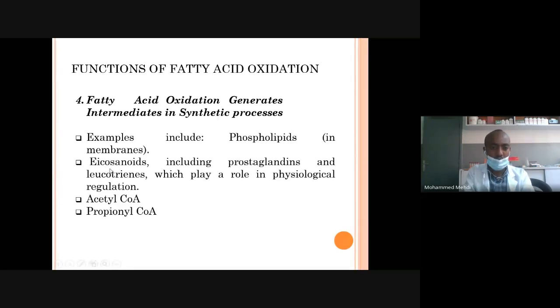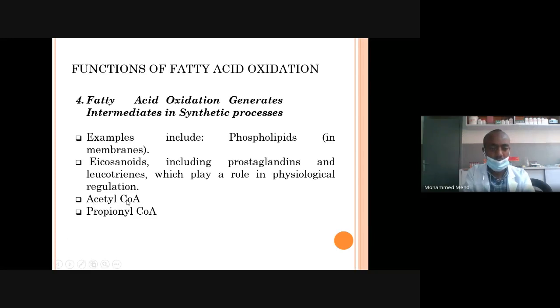Eicosanoid, or arachidonic acid. Arachidonic acid is a 20 carbon fatty acid, usually found in the membrane lipid. So this will be used for the formation of prostaglandin, leukotriene and thromboxane, and allergy or inflammatory mediator molecules will be formed by these reactions. Acetyl-CoA will be used for cholesterol synthesis.